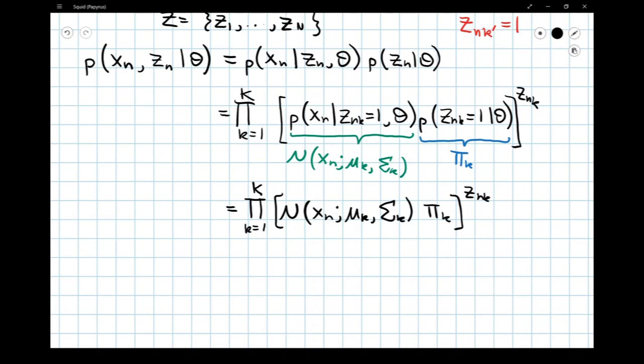So, for example, if we have the case where znk' is equal to 1 and everything else in zn is equal to 0, then if k is not equal to k', we're just multiplying 1s together. And when we do reach k', the exponent is equal to 1, and we're left with this expression here.